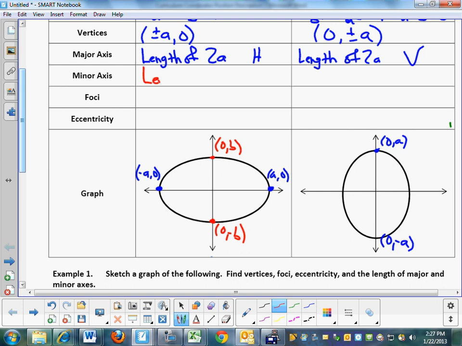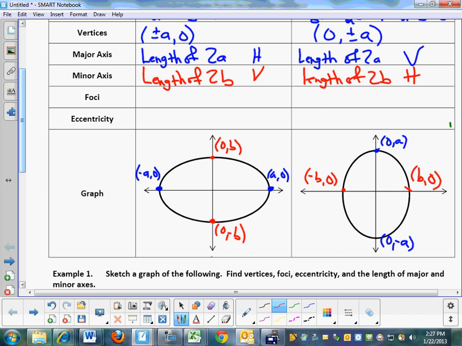So the minor axis has a length of what? 2b, and here it's vertical, whereas here we have coordinates of negative b, 0, and b, 0. Lots of a's and b's. Horizontal.